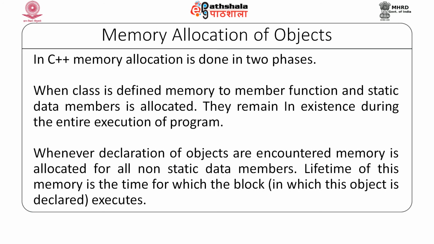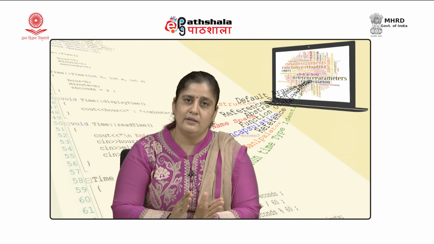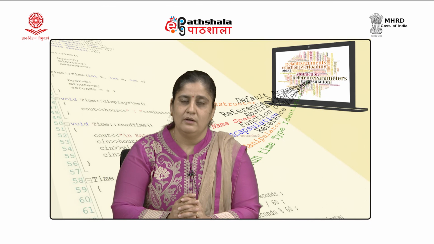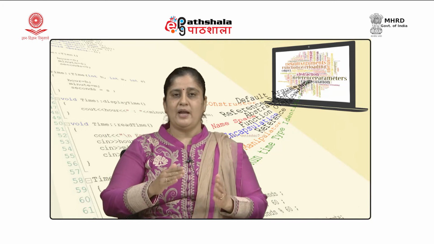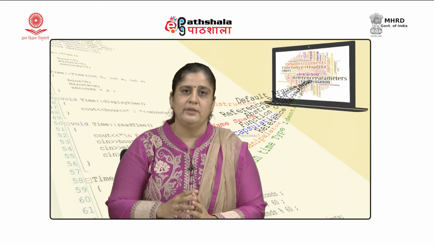Integer gets 2 or 4 bytes depending on the machine, character gets 2 bytes or 1 byte depending on the machine, and so on and so forth. And if I define an array, the number of elements that I have in the array multiplied by the size of the type of the element whose collection that array is, that would be the size of the array.